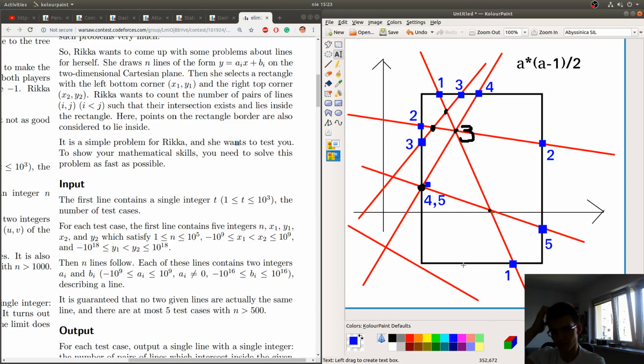Okay, and now a crucial observation is to say that the positions of those pairs are enough to say which lines intersect. Because we are on some rectangle, we could also say that we are on a circle, and there are some pairs of points connected. For example, this point with this point.